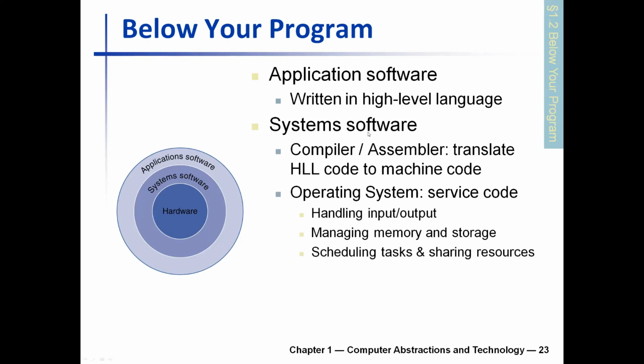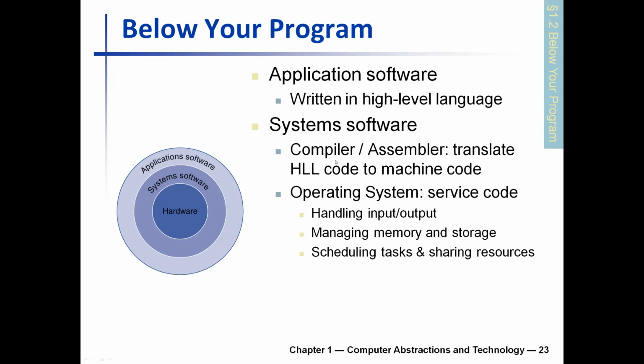Right. Then the system software layer includes the tool chain which supports these programming languages, like compilers which understand the programming language as well as the underlying hardware computer architecture. Then you have assemblers which will translate your assembly program into machine code.